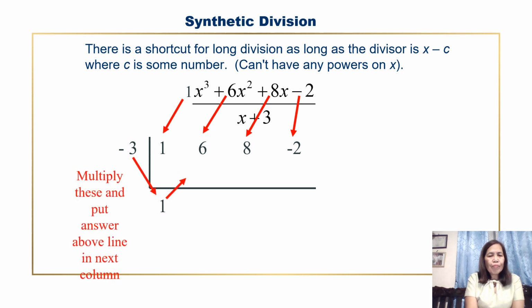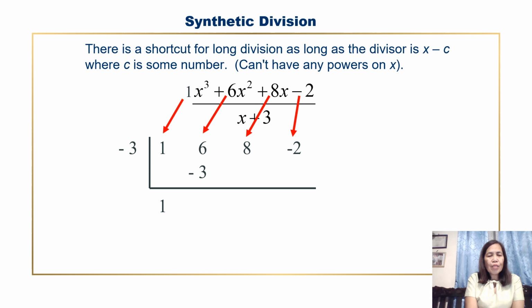Next step, multiply 1 by negative 3, and then we write the answer below 6. So 1 times negative 3 is negative 3. Next, add this up. 6 minus 3 is 3.